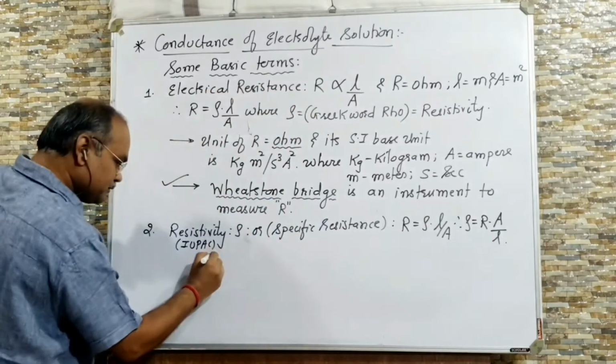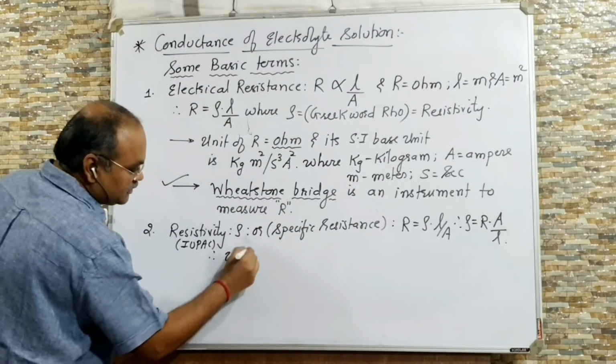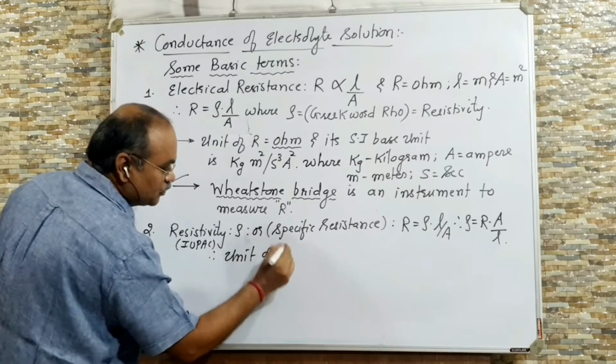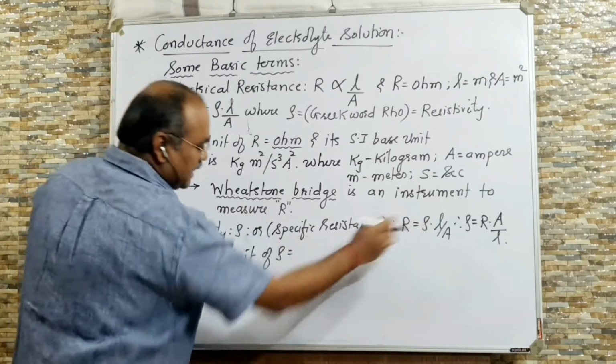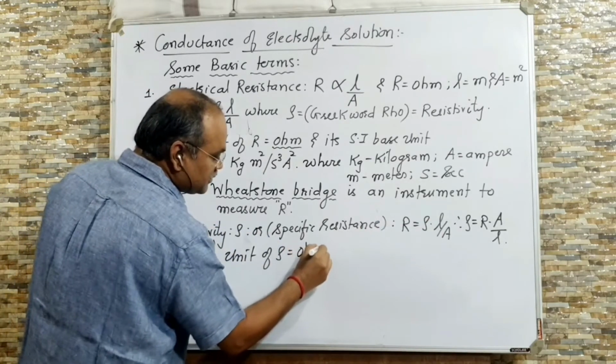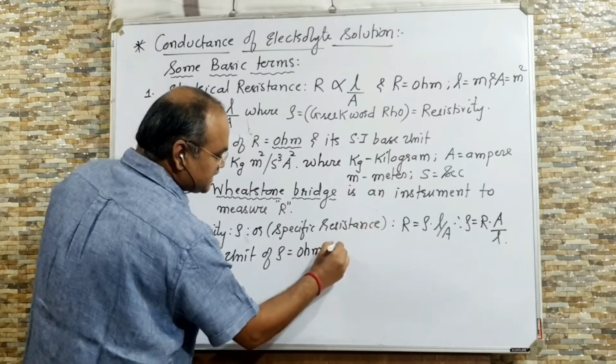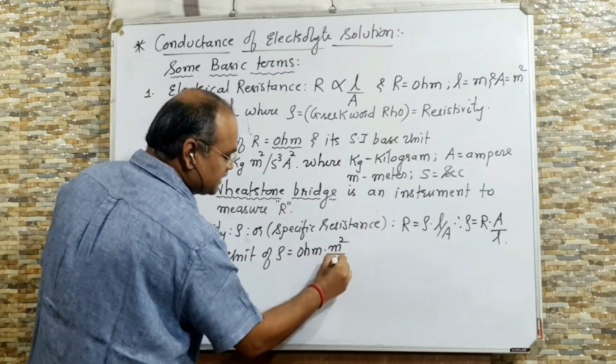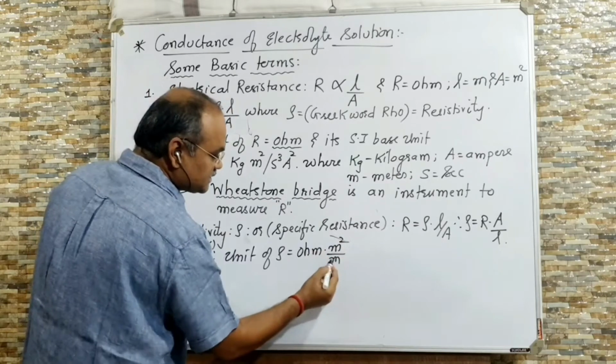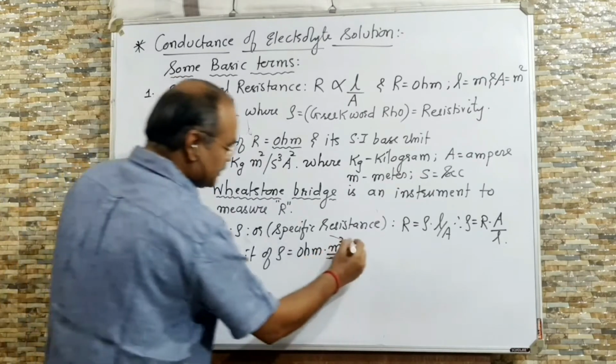So therefore, unit of rho will be equal to R. R is ohm. Area is measured in meter square. Length is measured in meter. So you can cancel this. So what is your answer?